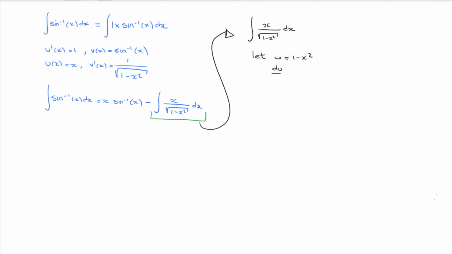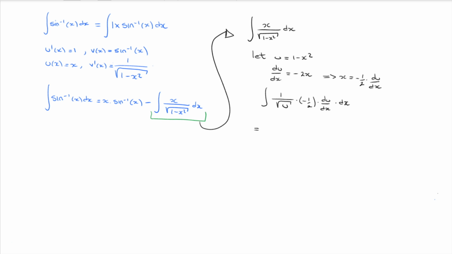Then du dx is equal to negative 2x, and we can therefore find an expression for the x in the integral's numerator, and that means that x equals negative 1/2 of du dx. Okay, so now plugging all those values into our integral, we have the integral is equal to 1 over the square root of u times x, which we just saw was negative 1/2 times du dx, times dx.